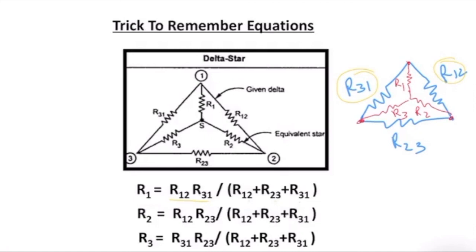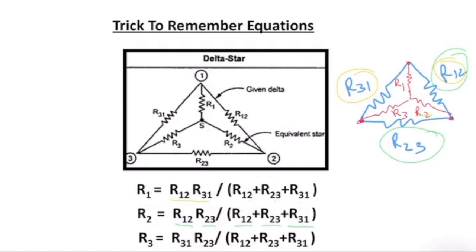Similarly for R2, you will consider the adjacent elements of R2, those are R12 and R23. So the product of R12 and R23 divided by R12 plus R23 plus R31.